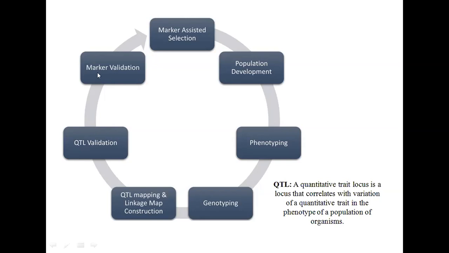For example, my RAPD marker worked very well and I received a good result, and then your marker assisted breeding is completely done. This is the overall process of marker assisted selection. I hope this is enough for the overall steps.